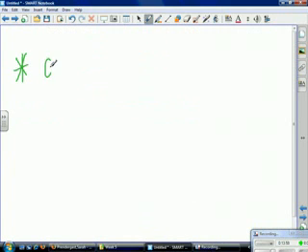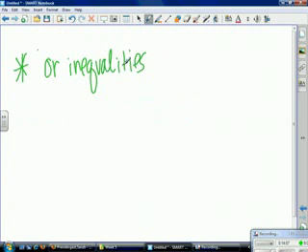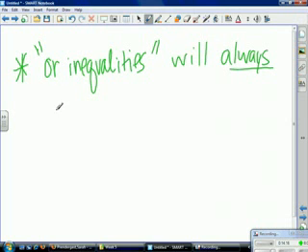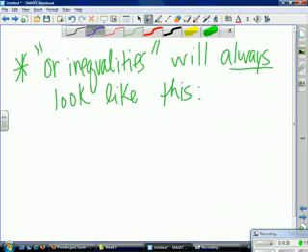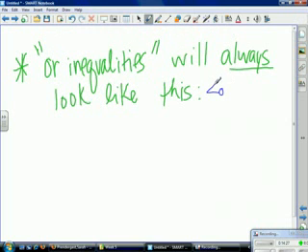The first one is, or inequalities will always look like this. You're going to have one dot and an arrow pointing to the left, and then another dot and an arrow pointing to the right. So you have two separate arrows, and there's a space in between where they're not connected.